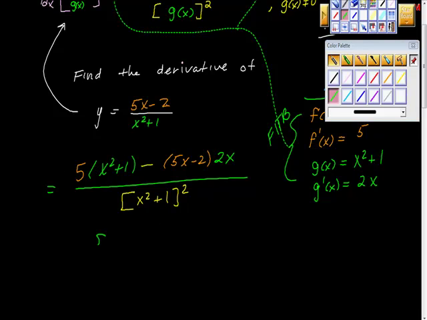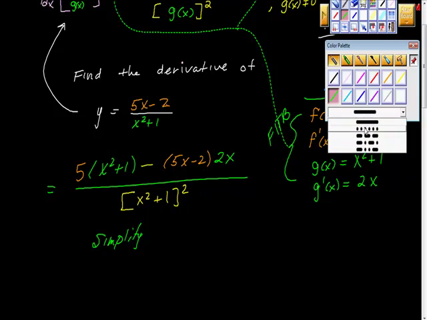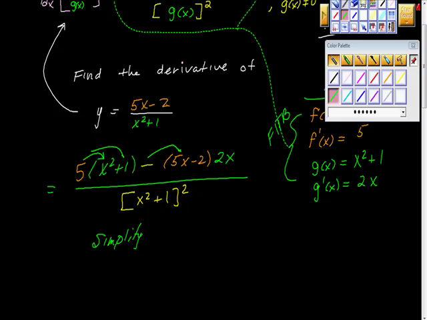Now I'm going to simplify here. So let's simplify a little bit. By simplify, this is what's happening with me, I'm going to distribute here and here. I'm going to distribute here, here. And then I'm going to distribute this. And you know what? If you don't mind, can I do that? Can I move this over here? Move this 2x over here if you don't mind, just so we can see it. It was positive 2x, so I'm going to put it right there. And now it's negative 2x, and I'll just distribute that in. Is that okay?